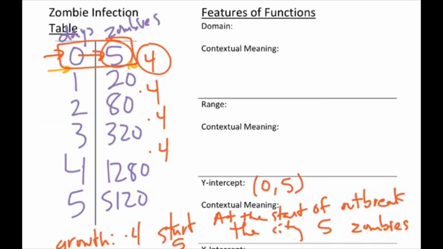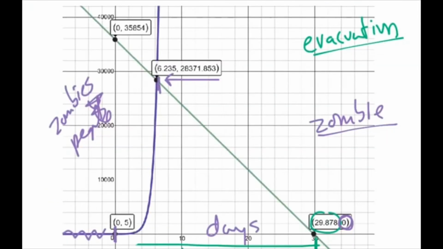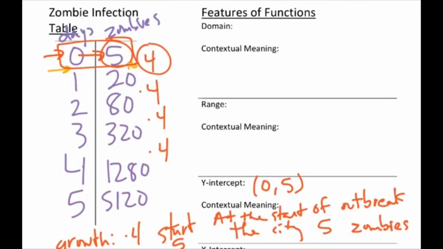Okay, so for our domain here, that's where our domain would end, because if there's no more people, you can't make any more zombies. So from 0 to 6.235. And then our range would be from 5, right?